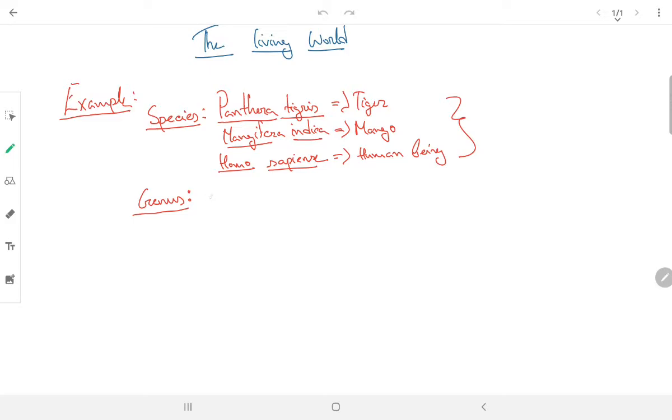Genus is the group of similar species. Just like this, you can make the definition of any taxon. But we are not here to see definitions, we are here to see the examples.